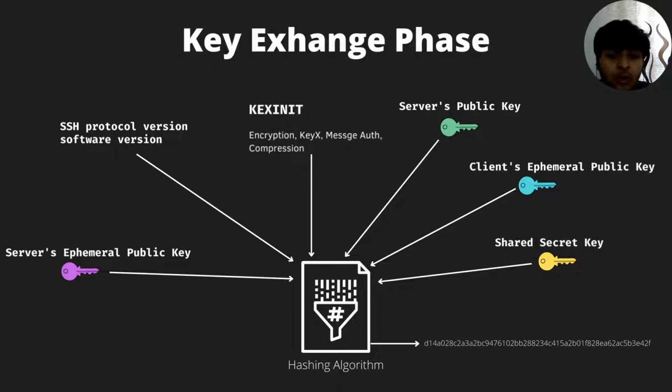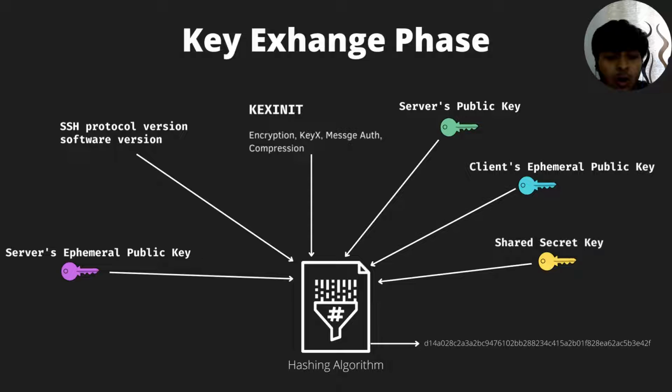That's the first input to the hash. Then we have the server's identification string. Then after that we have the payload of the client's key exchange initialization. That will be another input to this hashing algorithm. Then we have the payload of the server's key exchange initialization message.